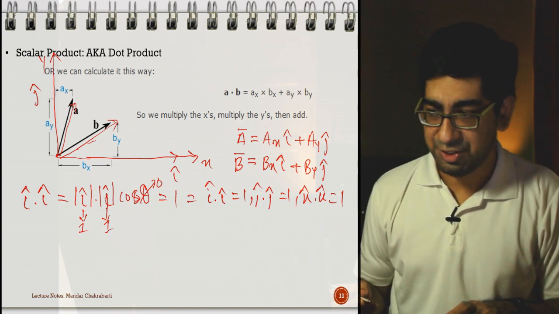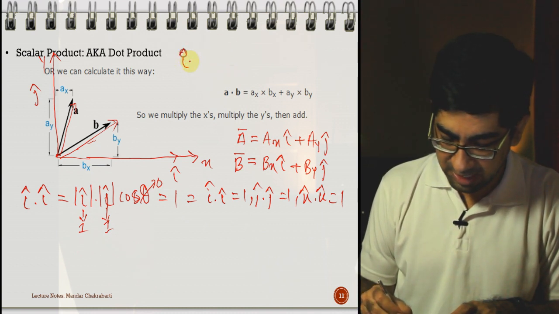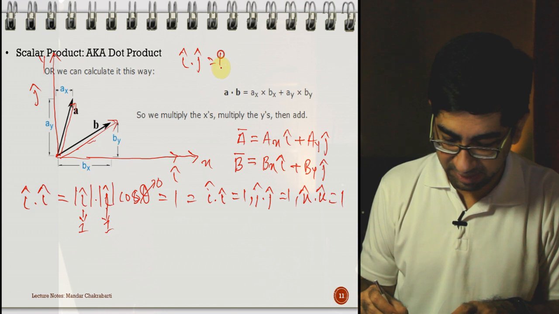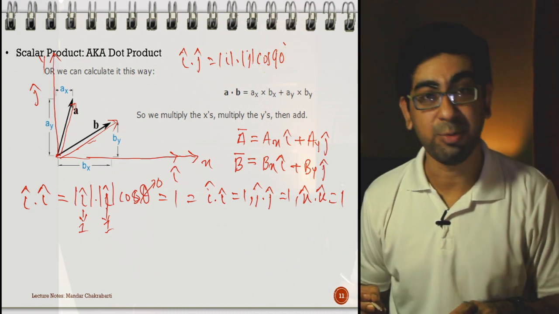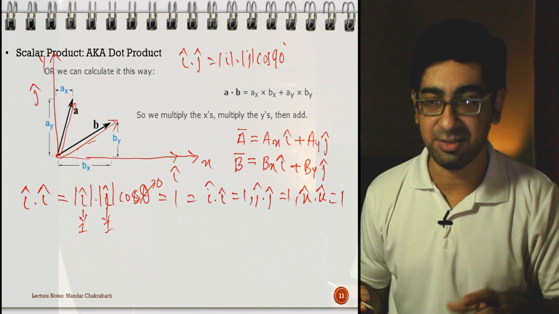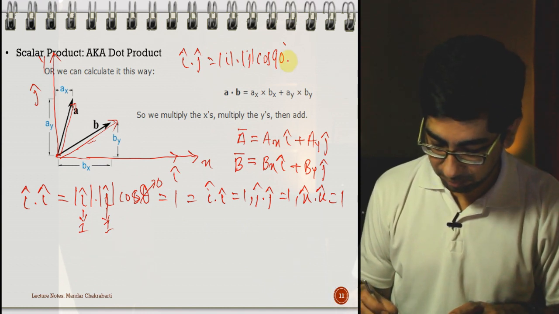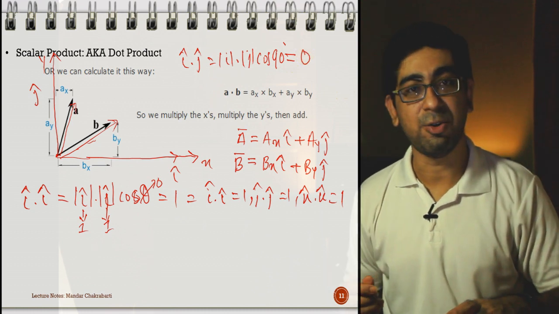What about i dot j? Let me write that here. The magnitude of i, the magnitude of j, cos of 90 degrees in between the two of them, and cos 90 is 0. So we get 0.